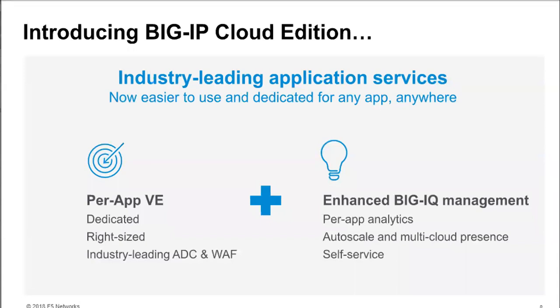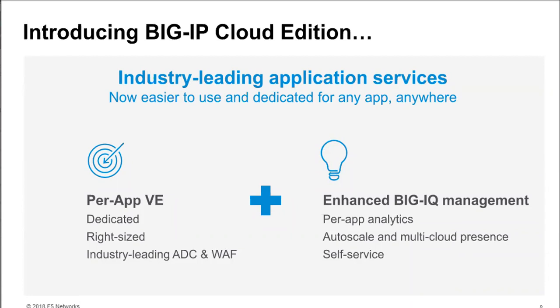So the F5 Big IP per app virtual editions provide DevOps teams with an ADC and a WAF to deliver services and security just for the application they are developing and deploying on any of the leading cloud platforms, whether it's AWS, Azure, or Google Cloud.